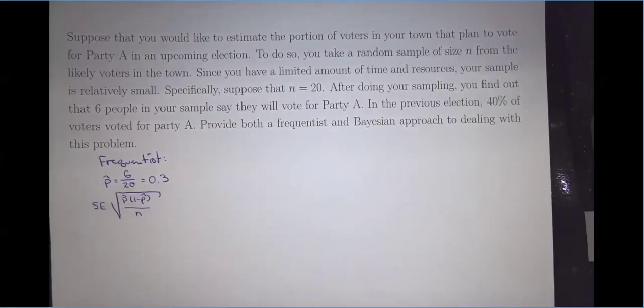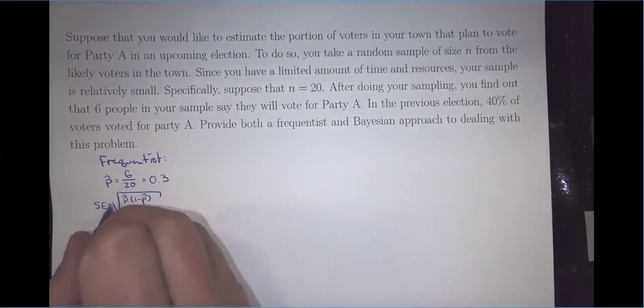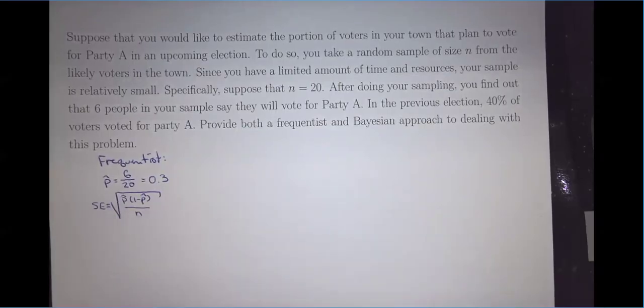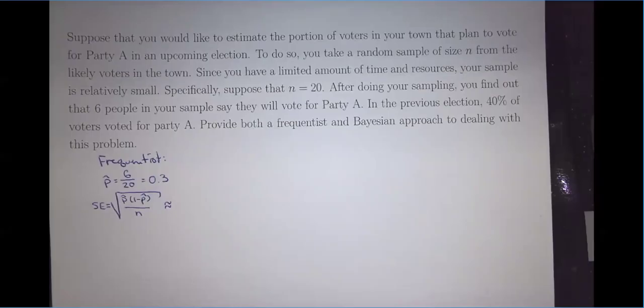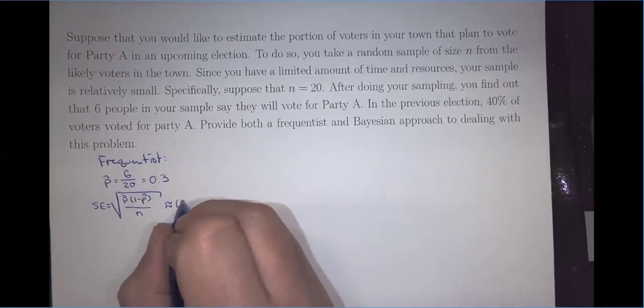Okay, so you can see that by virtue of making this assumption, not only do we change our belief in our probability, we also change the standard error. So our standard error ends up being approximately, based on a 0.3 p hat, 0.1025.